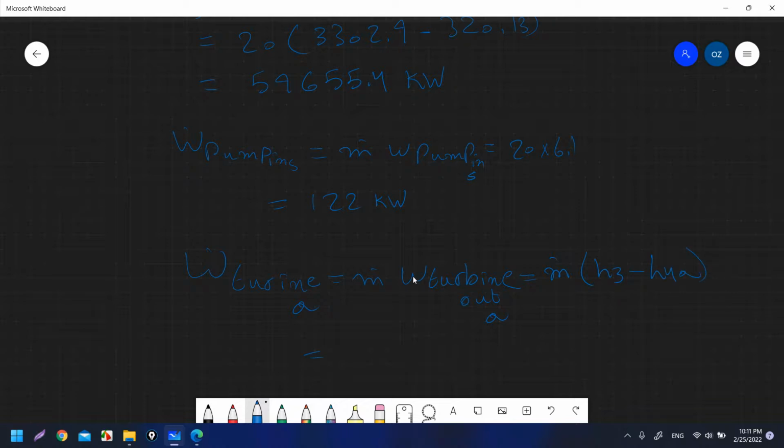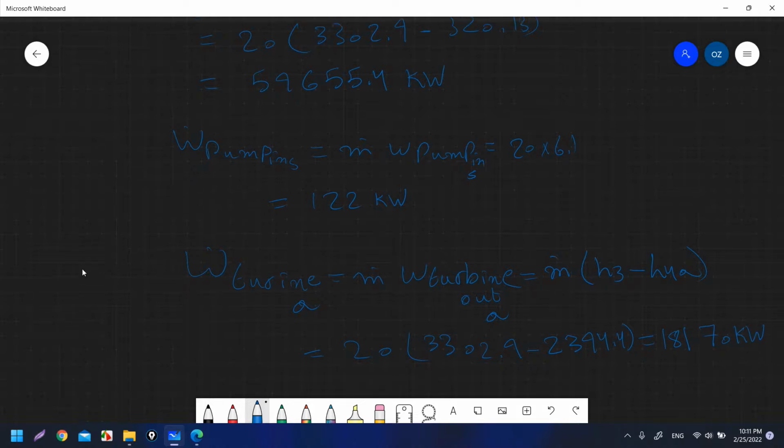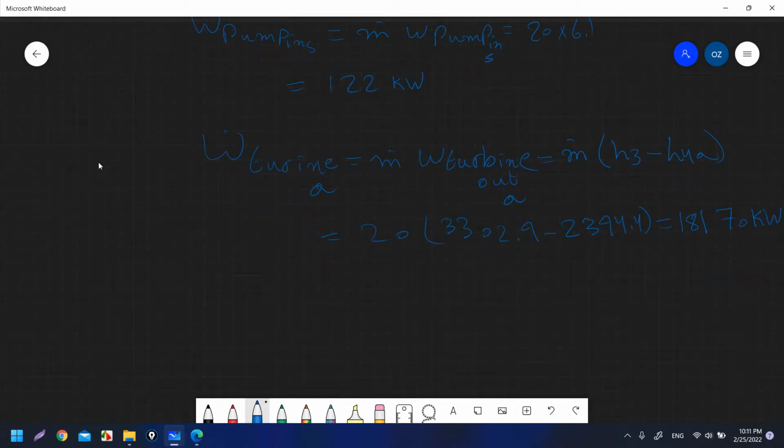So m dot is 20, H3 is 3302.9 minus 2394.4. So the work turbine out, the actual one, is equal to 18170 kilowatt.